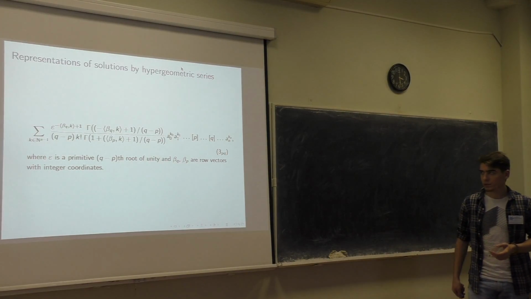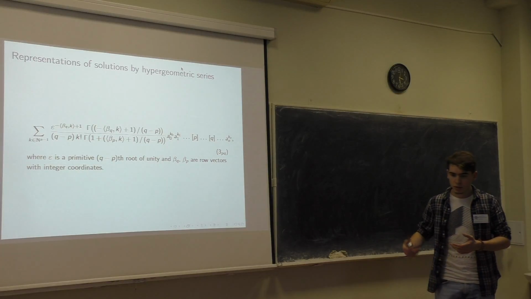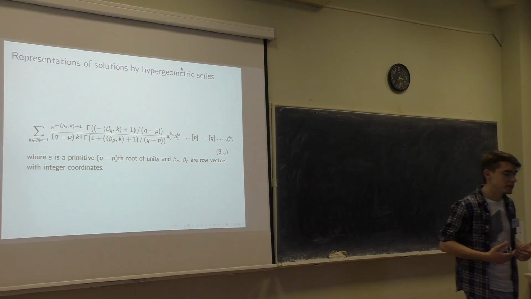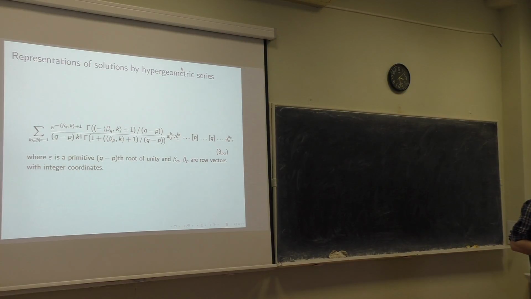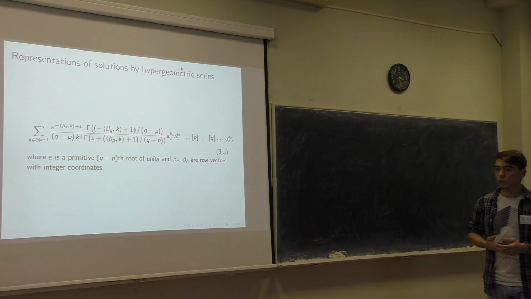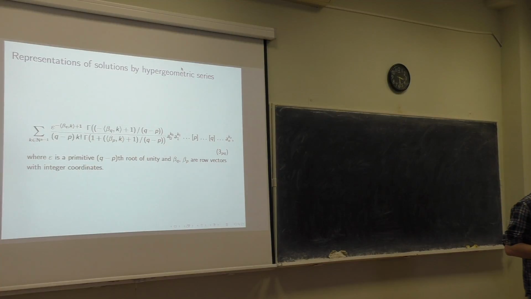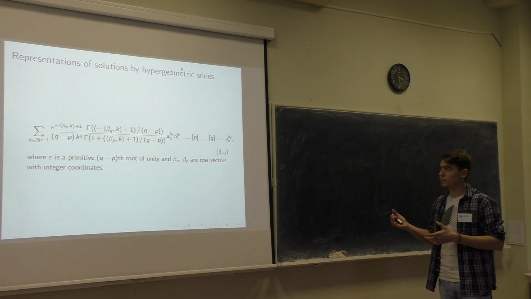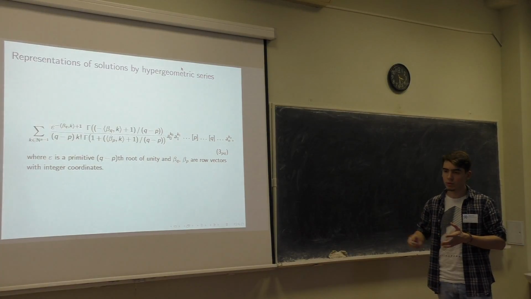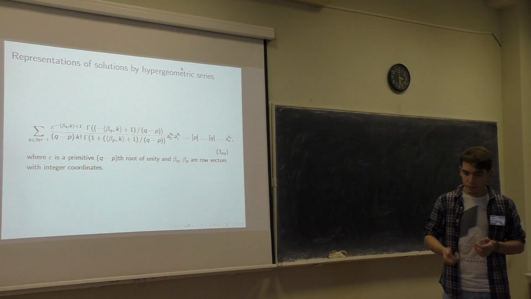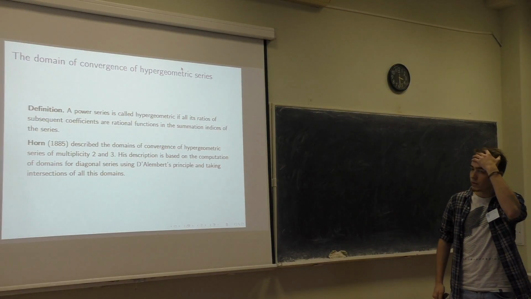And so thereby, because the singularity set for the algebraic equation is totally defined by its discriminant, we should investigate this discriminant to say something about the set of singularities of hypergeometrical series or its domains of convergence.